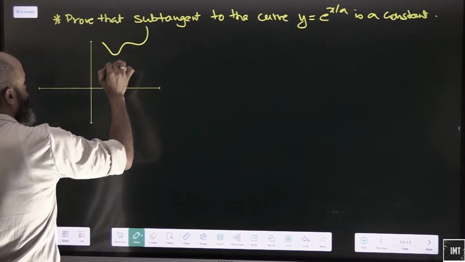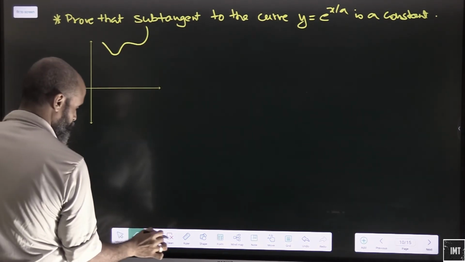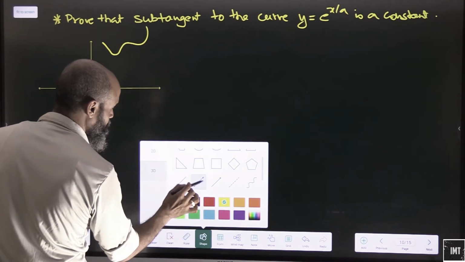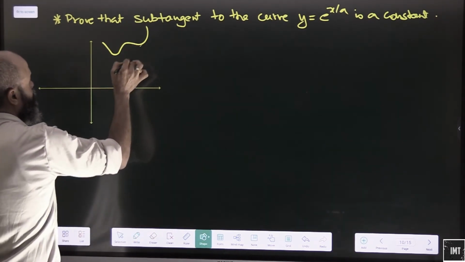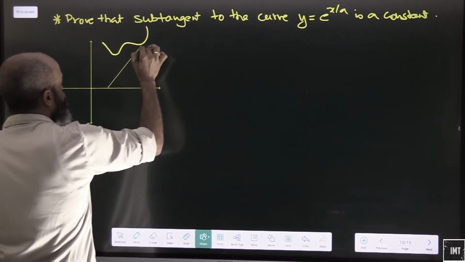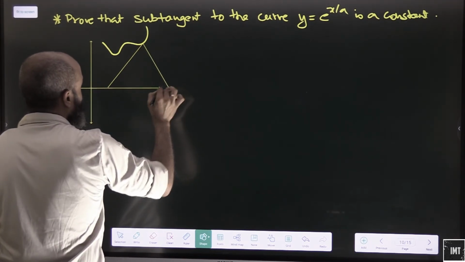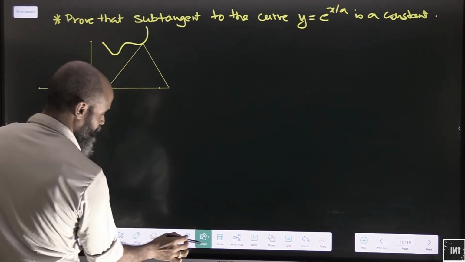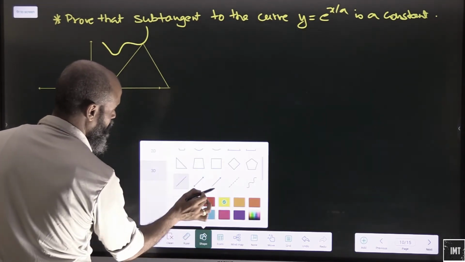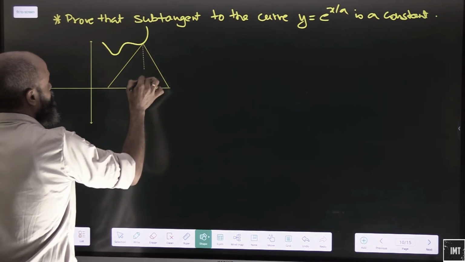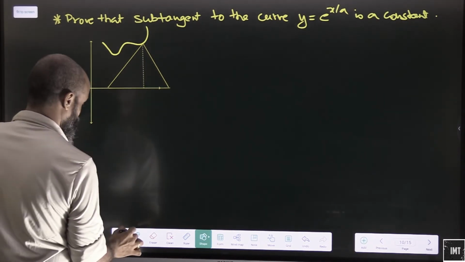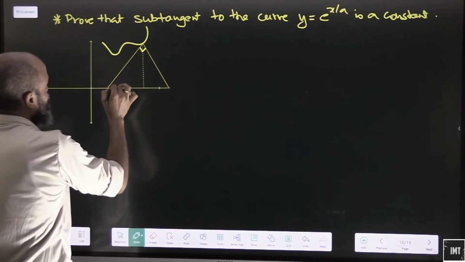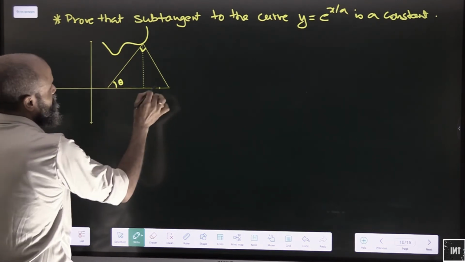So let's say we have a curve here and we have the tangent drawn here. And let's say this is basically the normal, if I happen to extend this a little, and we draw a normal from here to here. So obviously this angle is going to be 90, and this angle is theta, which is basically the slope.